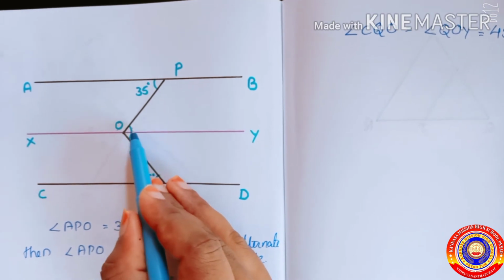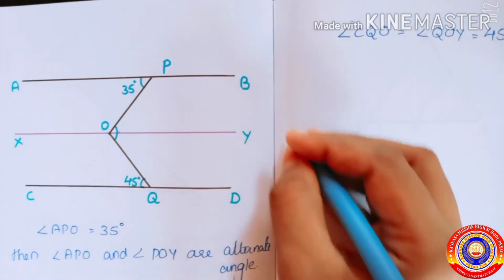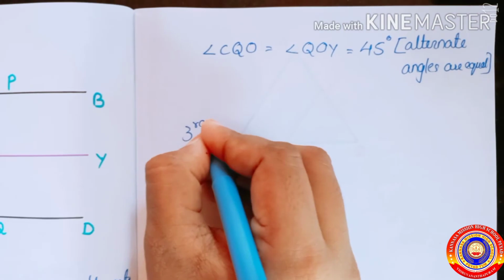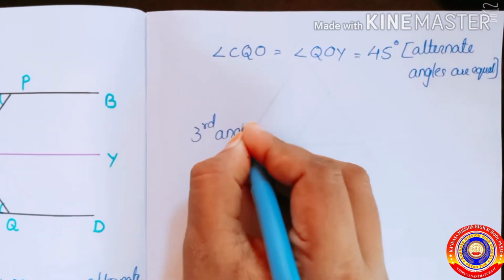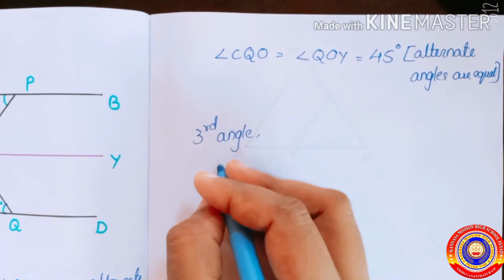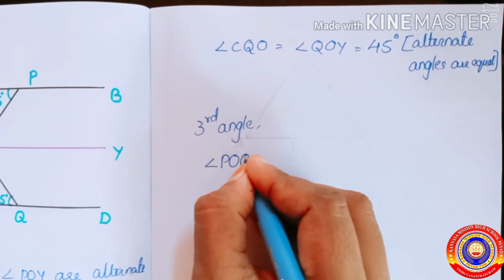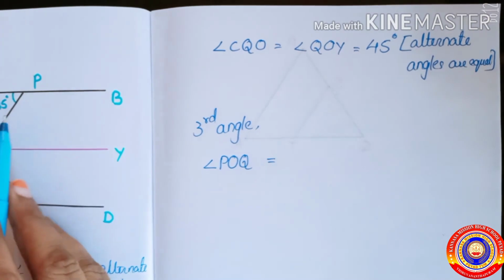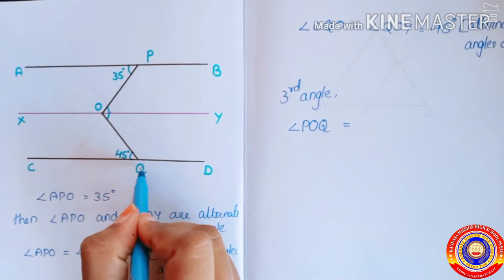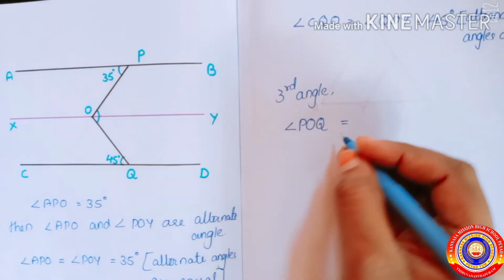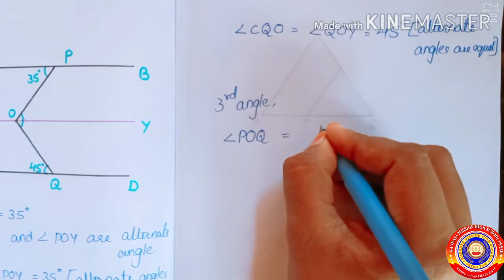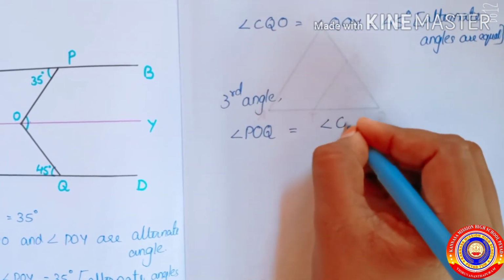Now we have to find the third angle in this figure, that is angle POQ. We had already found the two angles, angle QOY and angle POY.